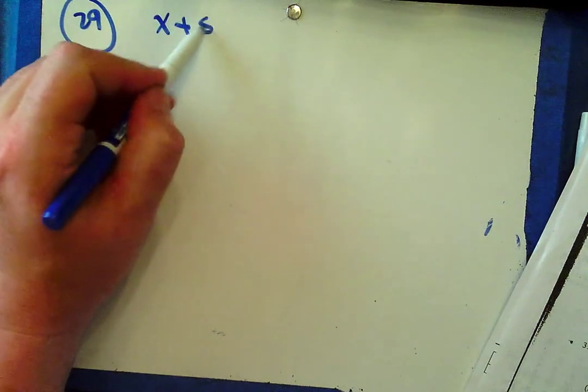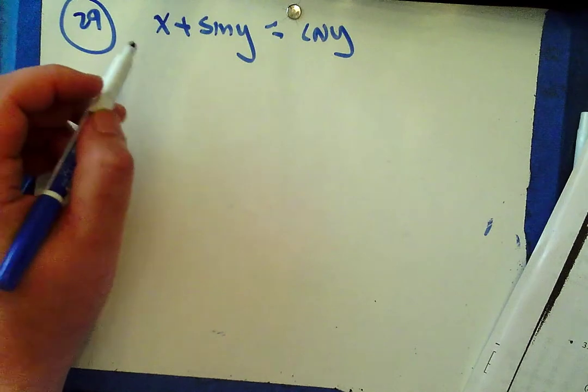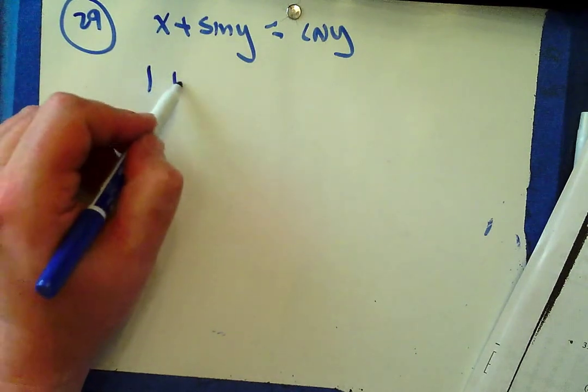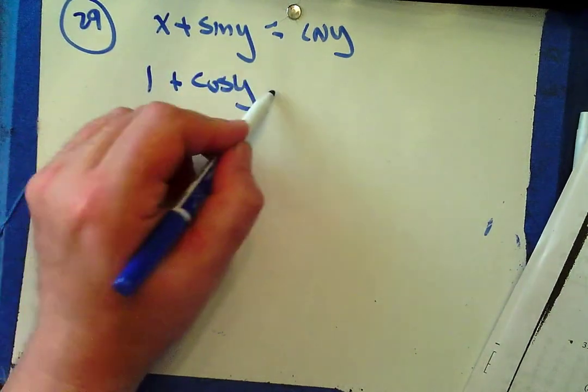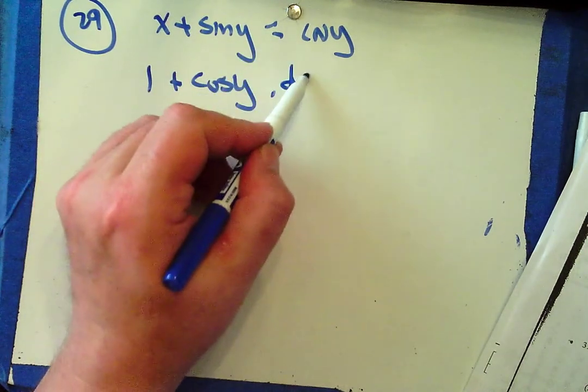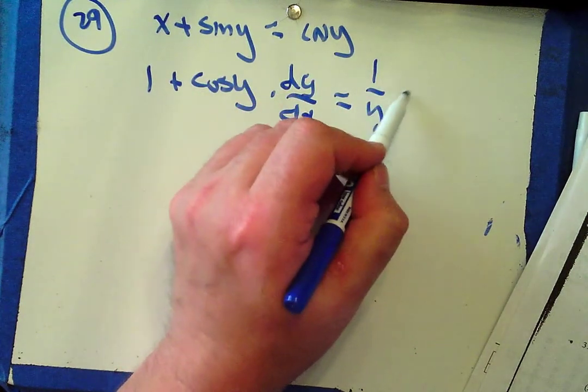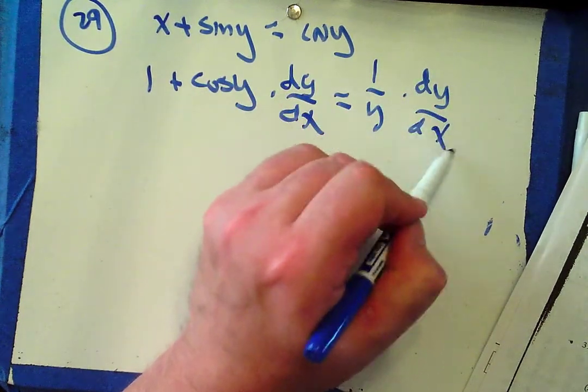29 says x plus sine y equals ln of y. We want to know dy/dx, so 1 plus cosine y. Don't forget to take the derivative of the inside cosine function with respect to x, and the derivative over here is 1 over y times dy/dx.